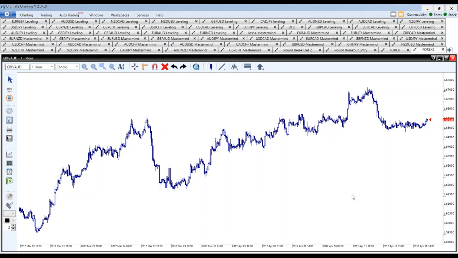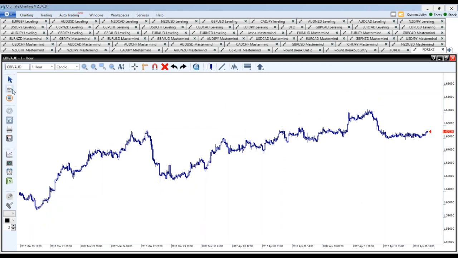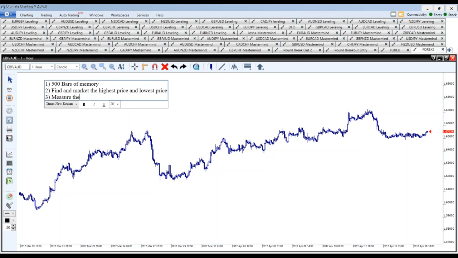So everyone grab a pen and sheet of paper, please. I want you to copy this down. Here are my rules. I want you to use this and do this on your own, okay? Number 1, you need to have 500 bars of memory. Number 2, you need to find and mark the highest price and lowest price. Number 3, measure the distance between the highest and lowest price.